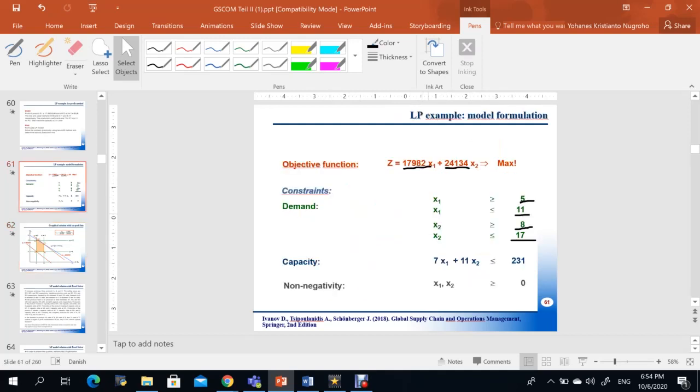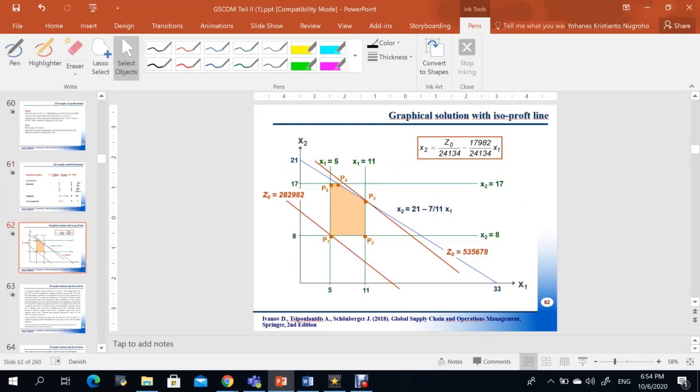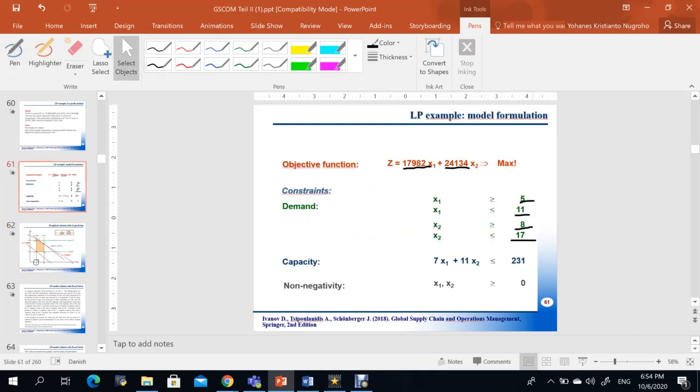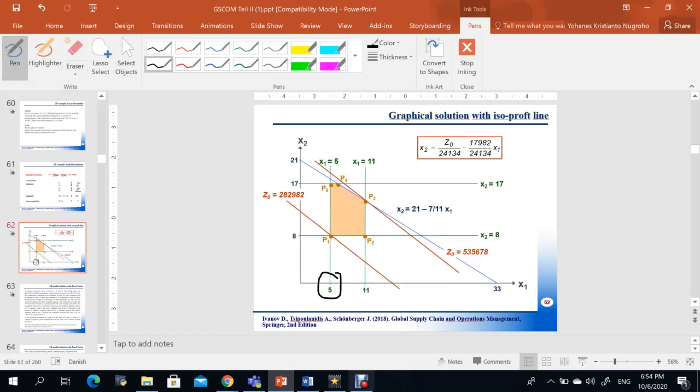For instance, here we have x1 should be higher than 5. This is the line. And x1 should be less than or equal to 11.